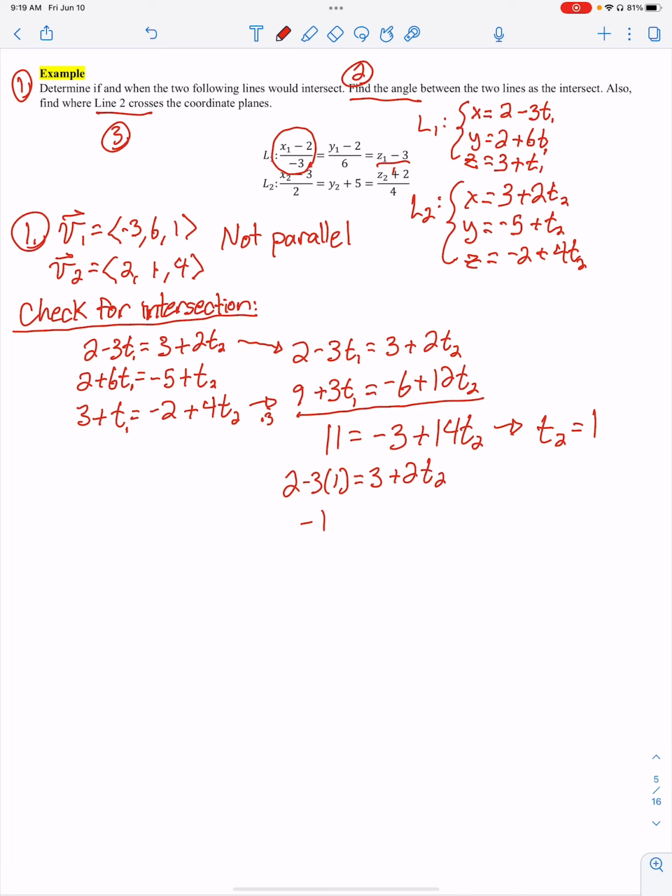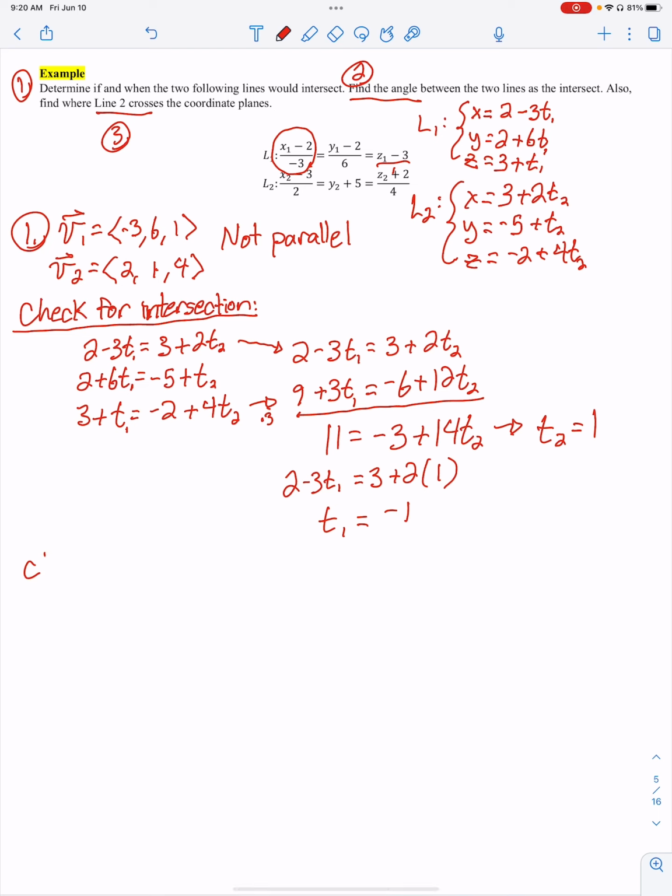On the left side, we got a negative 1 equals 3 plus 2t2. I imagine that you caught that I plugged t2 into the wrong one. Okay, so we got to go back. This is t1. t2 is 1. There we go. If you work this out, we get t1 equals negative 1.